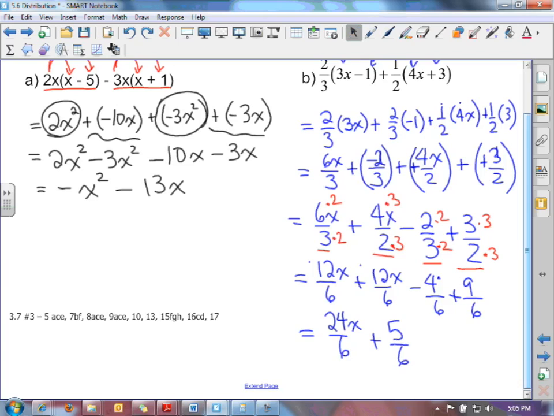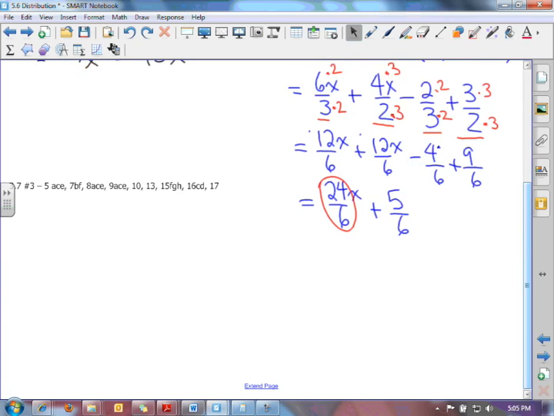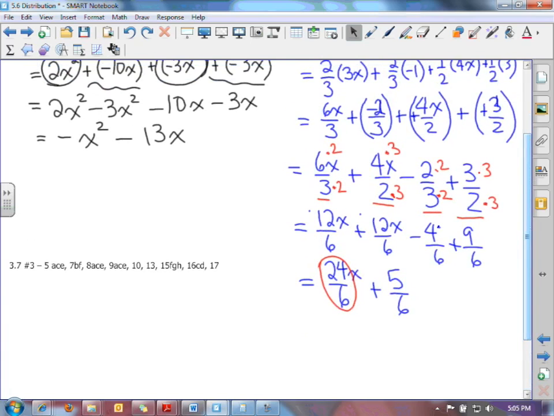Then you ask yourself, can you simplify any of these fractions? Well, the first fraction can be easily simplified. 6 goes into 24 nicely. 24 divided by 6 becomes 4. So now we get 4x plus 5 over 6 is the expanded form.